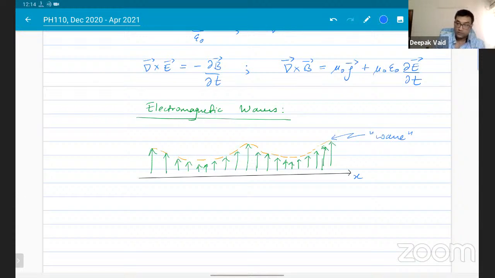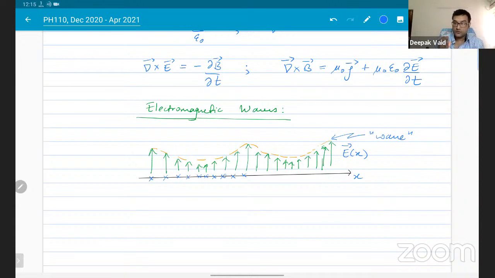These vectors represent E of x, the vector E at the position x. So this green vector, this one over here, represents the vector field at this position, right? And so on for all the other vectors.